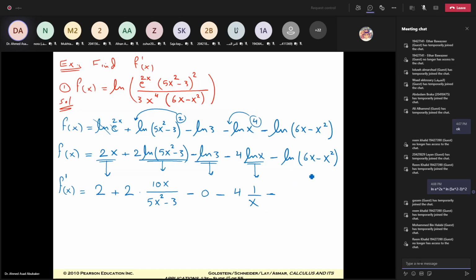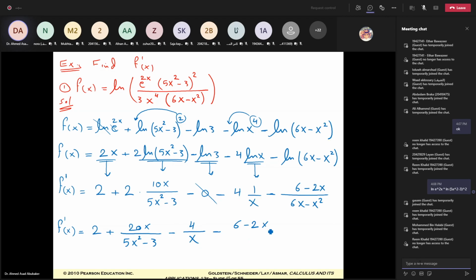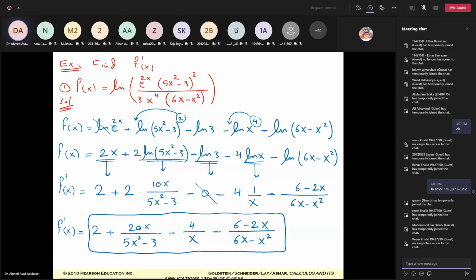Minus ln (6x minus x squared), the derivative equals (6 minus 2x) over (6x minus x squared). So after simplifying, the derivative equals 2 plus 20x over 5x squared minus 3, minus 4 over x, minus (6 minus 2x) over (6x minus x squared). This is the derivative of f of x.